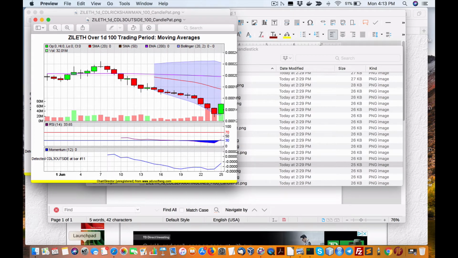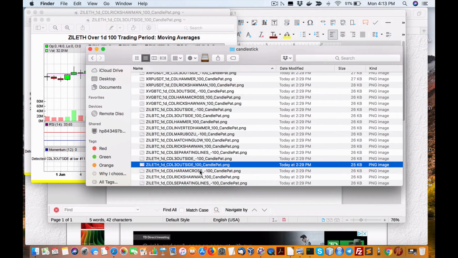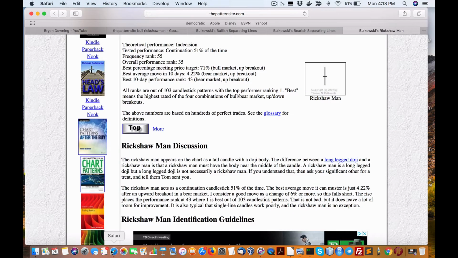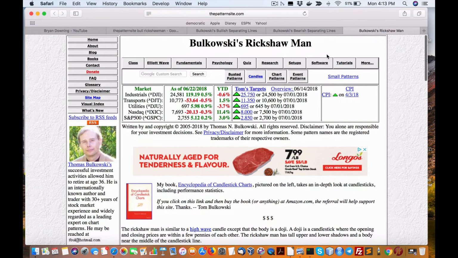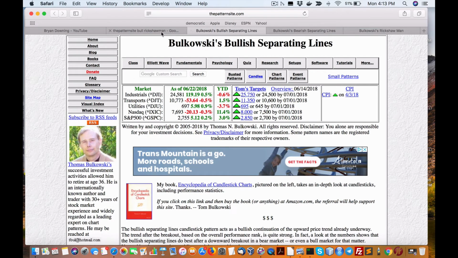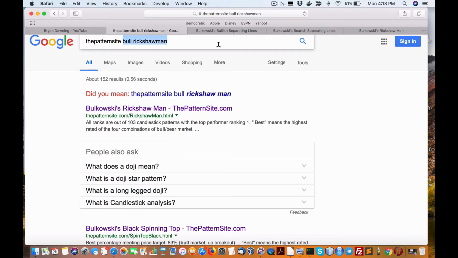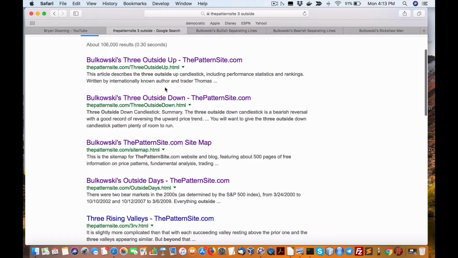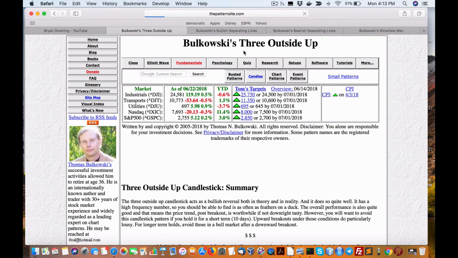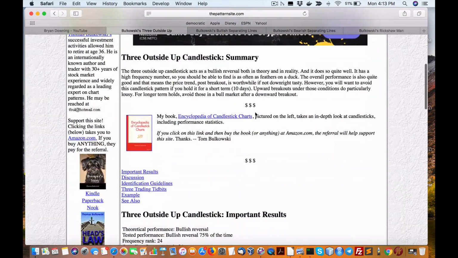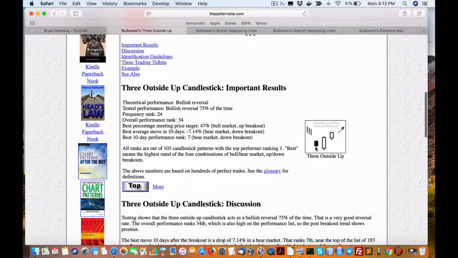Let's see what that looks like. 3 outside. Oh boy. 3 outside. This is a very common pattern. And that was a bullish. I'm assuming we want up. So here is the pattern.